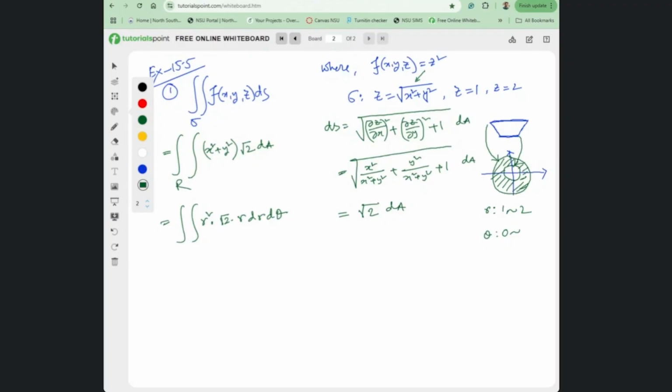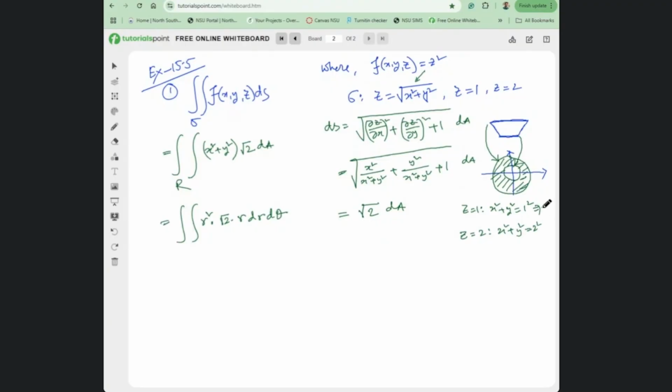Let me explain how we are getting this information. If z equals 1, that indicates x square plus y square equals 1 square. If z equals 2, then x square plus y square equals 2 square.